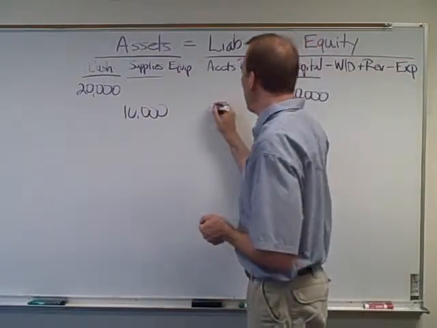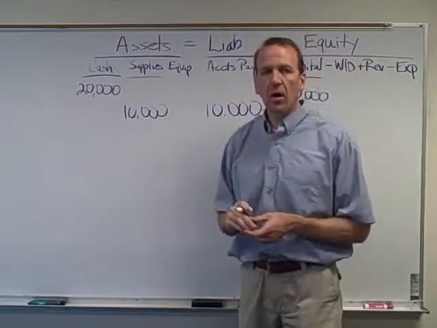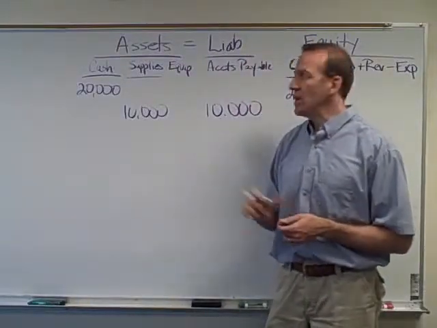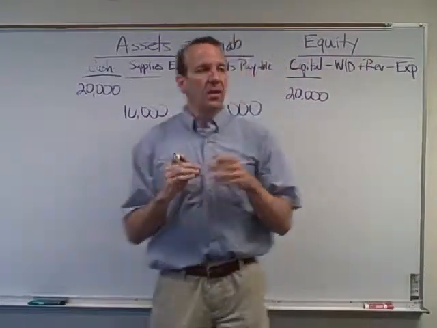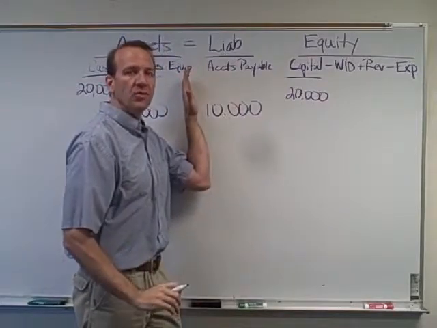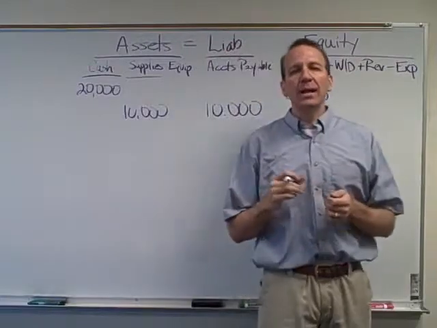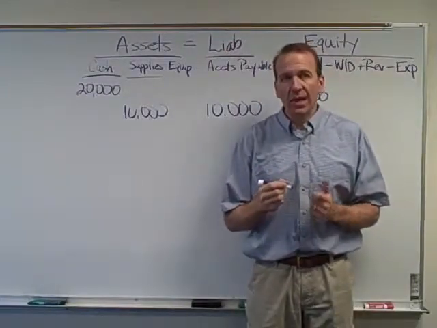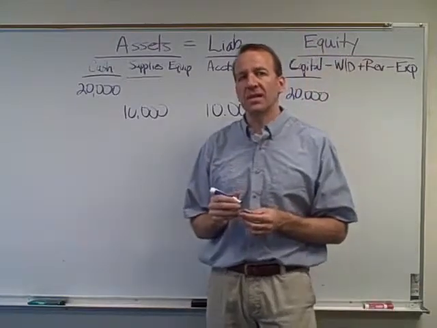So let's say that we now have an account payable, meaning we owe somebody the $10,000 for those supplies. So now look, our assets total $30,000, and then on this side of the equation, our liabilities plus our equity total $30,000. You see, everything has to balance. If your transaction doesn't balance, you have not done it right. So you need to be very careful looking at every single transaction.